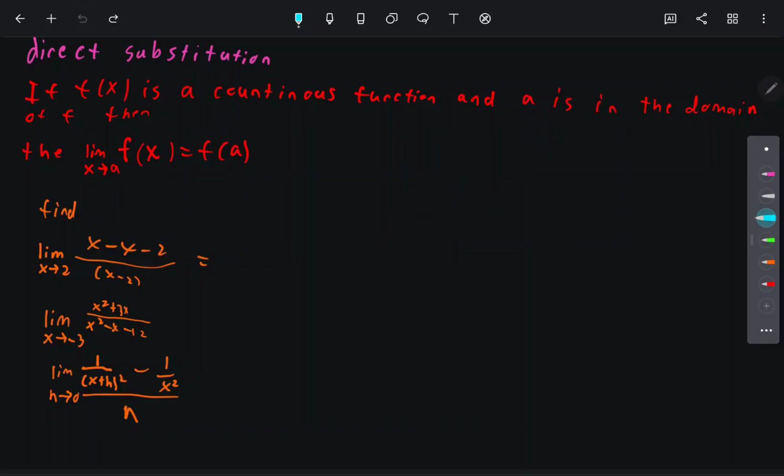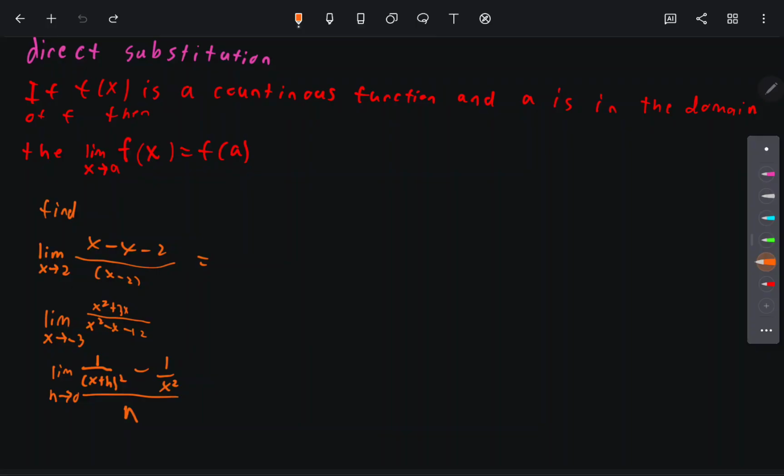Anyway, I digress. So, there's several ways that we can find these limits. And sometimes it might involve multiplying by a conjugate, getting common denominators, factoring. Sadly, I don't have a conjugate one here, but that's fine. I think with our work with the difference quotient, we'll get enough practice with that.